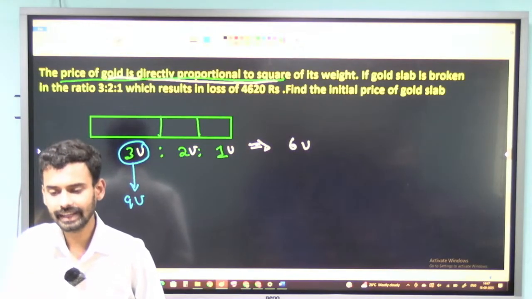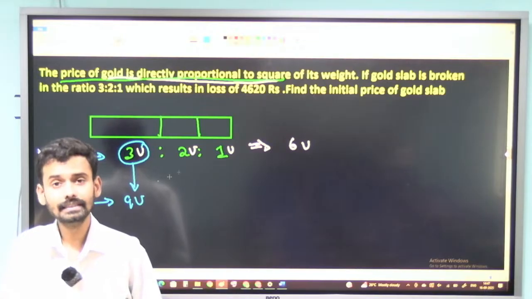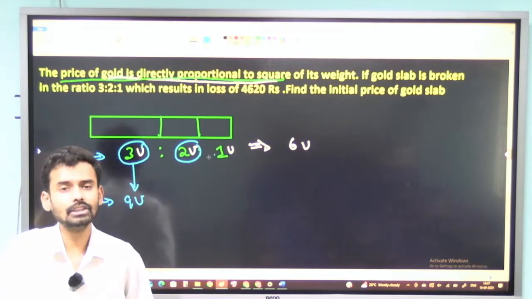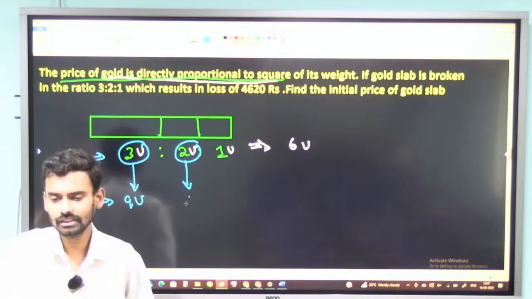So this is the weight and this is the price. So 3 units will become 9 units. Now if the weight is 2 units, the square of 2 is 4. So the price will be 4 units.